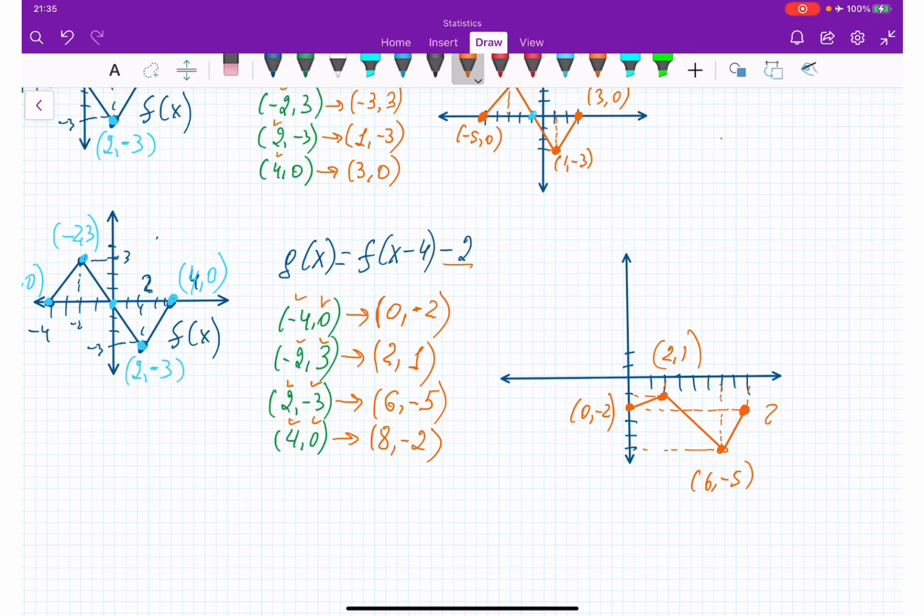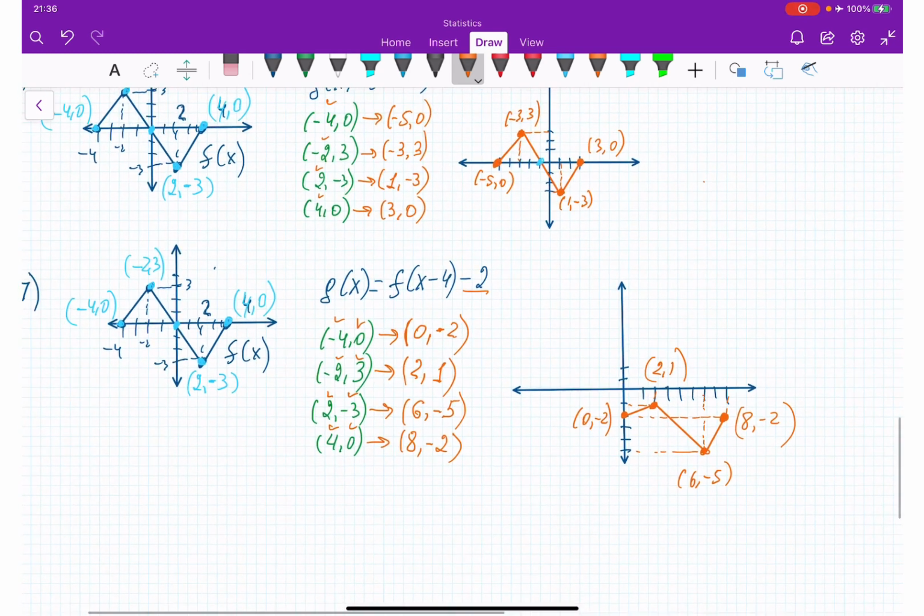And this one is 8 and negative 2. And this is how it moved the graph. Did I do something wrong? Let me see. No. Okay. Everything is all right.